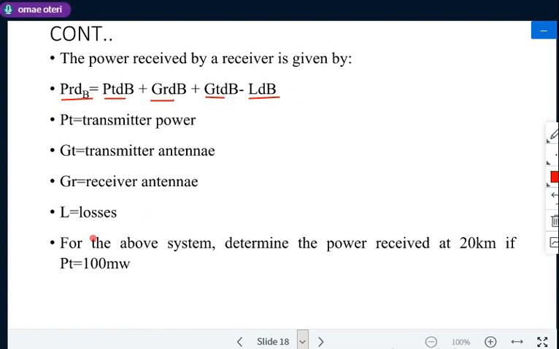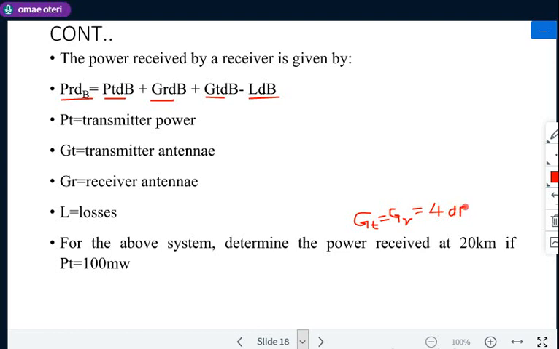So an example is also done here. Determine the power that is received at 20 kilometers if the transmitted power is 100 milliwatts. With this one, you can take your gain for the transmitter and the receiver to be the same, at 4 dB. 4 is usually very common.